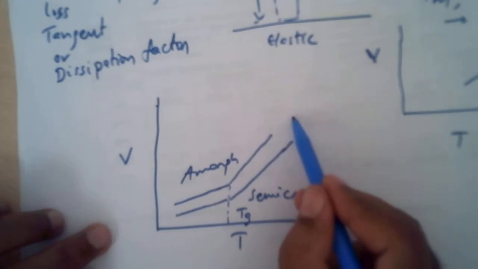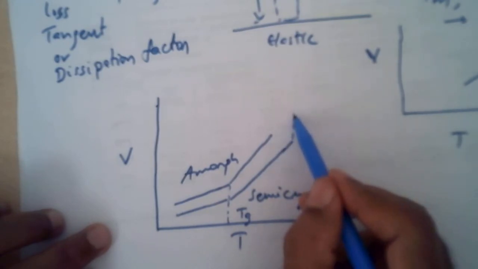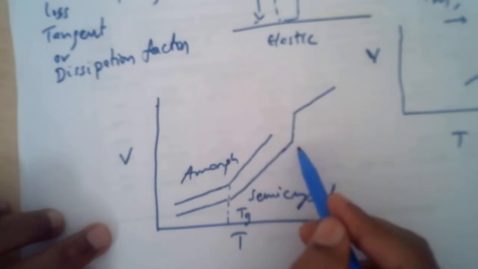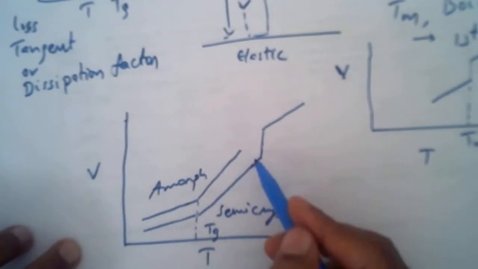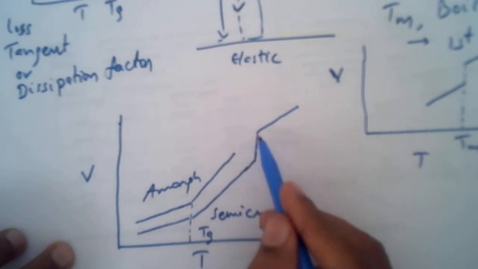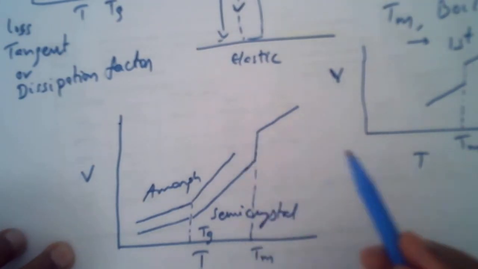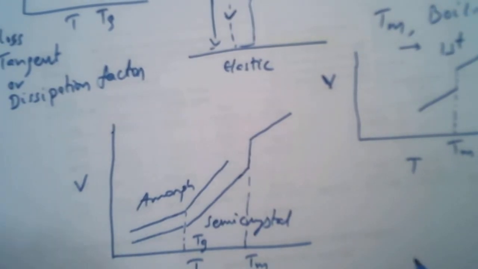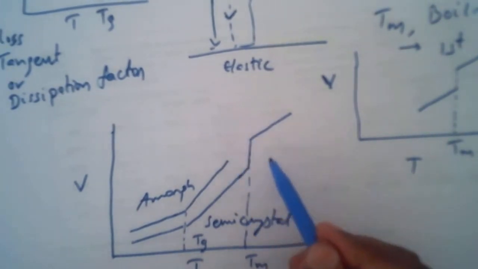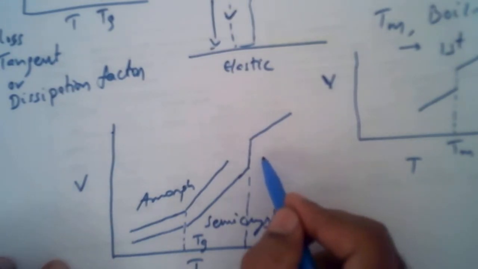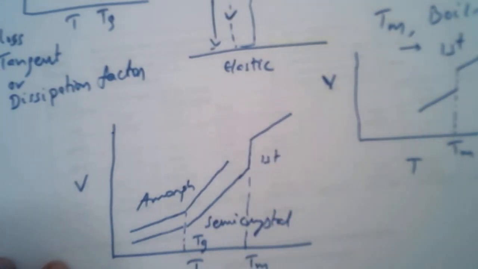So what will happen at melting temperature, you will have a discrete jump in the volume, a significant volume change with respect to the temperature. So wherever there is this kind of behavior, this discrete change is known as first order transition. This is a first order transition, and this is a second order transition.